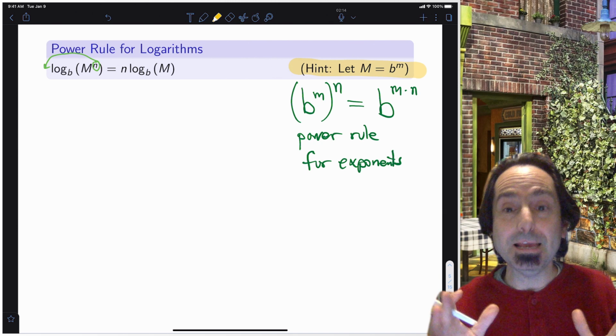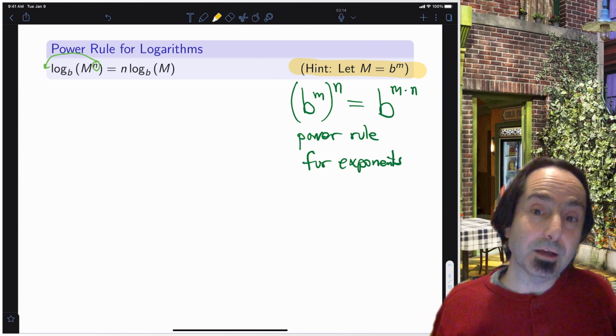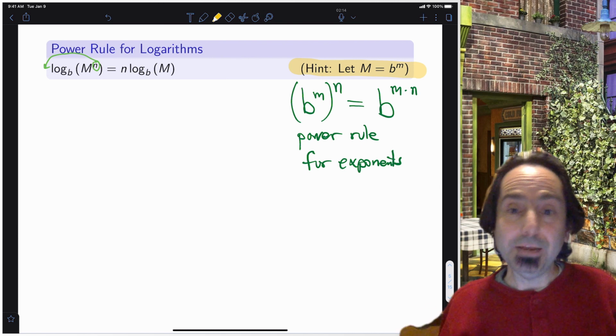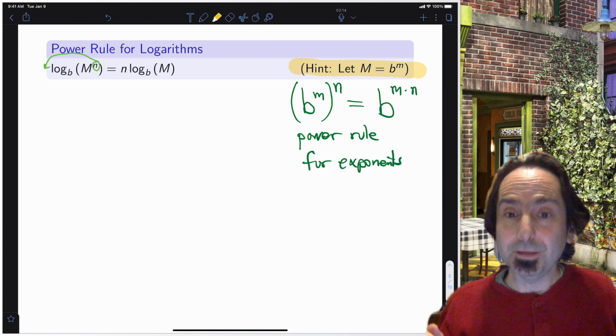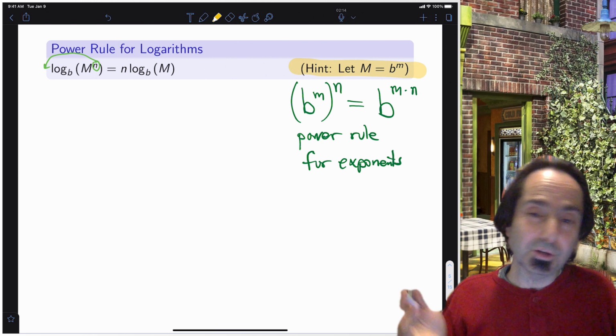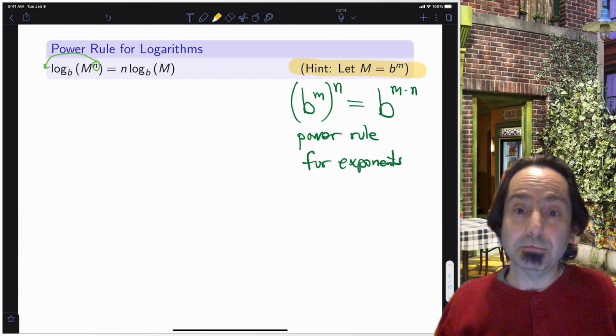Notice we're just going to take big M. M must be a positive number because it's an input for the logarithm, and any positive number is in the range of an exponential function, so there must be some number little m, which when we exponentiate it is big M. Long story short, every number big M is a power of b.